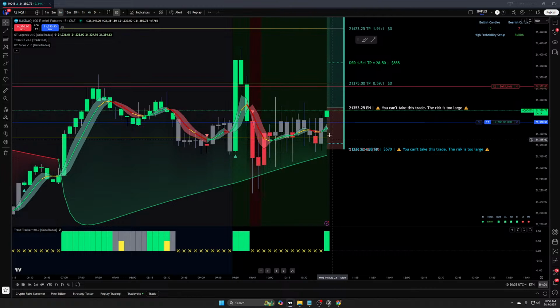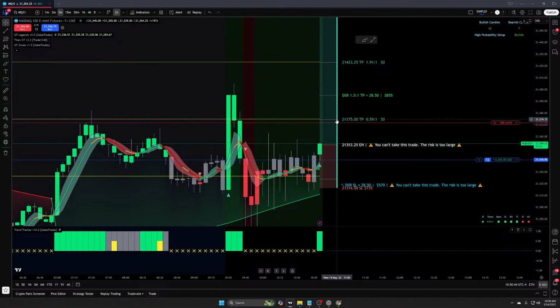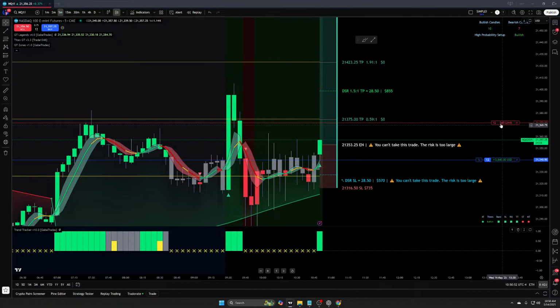Green bar, green GT, green band. There we go. Finally, a break into the trade design. Where are we going? We have a level. This is what ICT likes to call liquidity sweeps right up here. So I'm just going to be right underneath it and hang out.